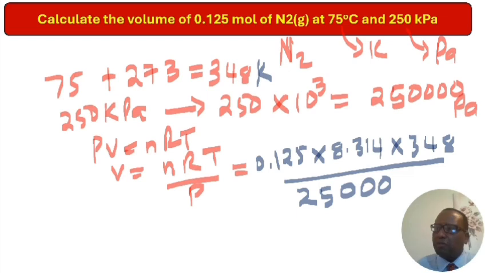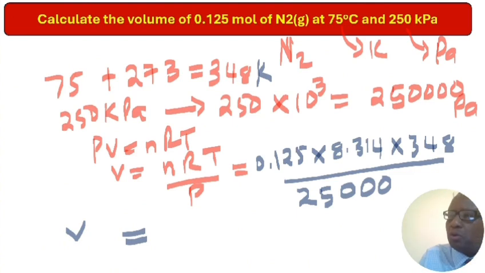What is that going to give you? You've got to punch that in. That gives you volume is equal to 1.45 times 10 to the power minus 3.